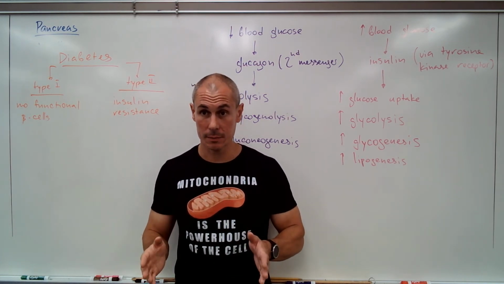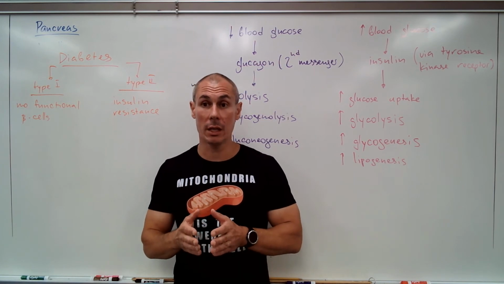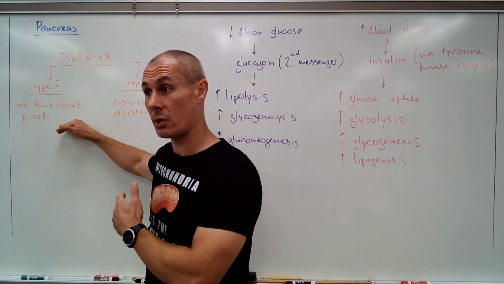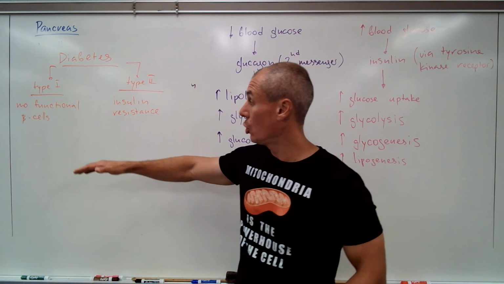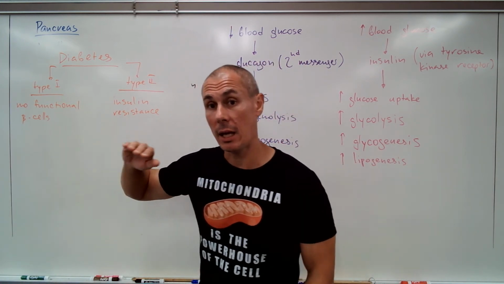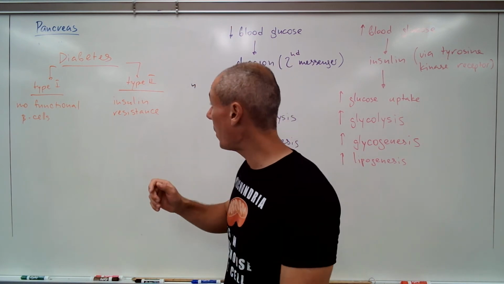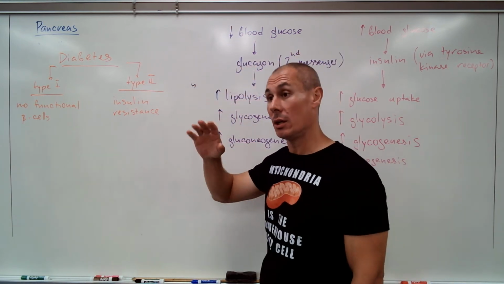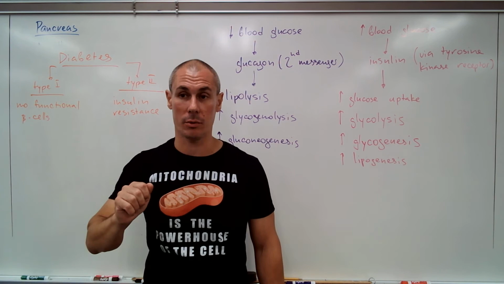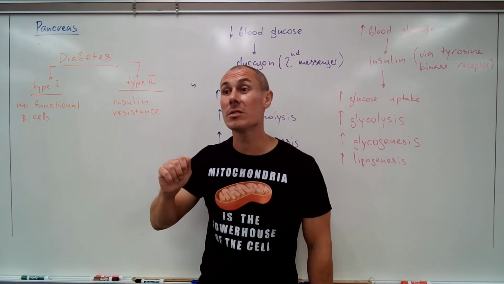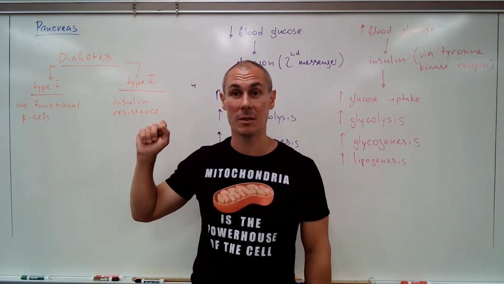Does that make sense? So in a patient with type 1 diabetes, what you're going to see is no insulin and high glucose. Does that make sense? In a patient with type 2 diabetes, you're still going to have high glucose. And what do you think insulin levels are going to be in such a patient?